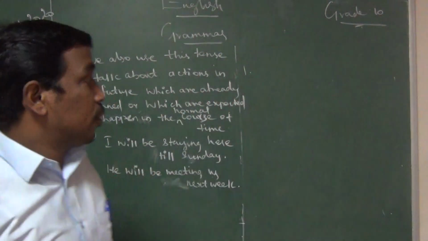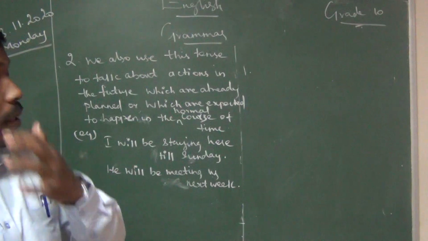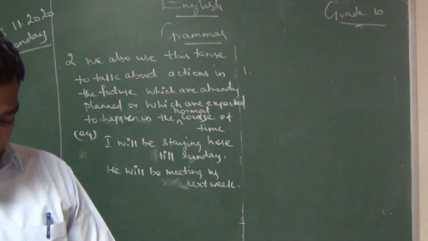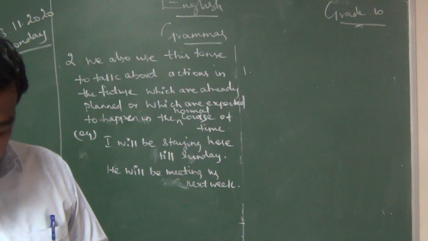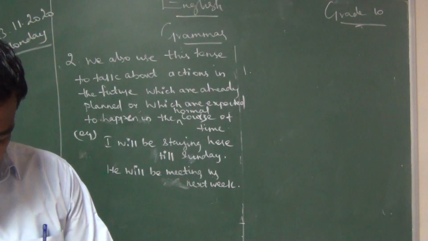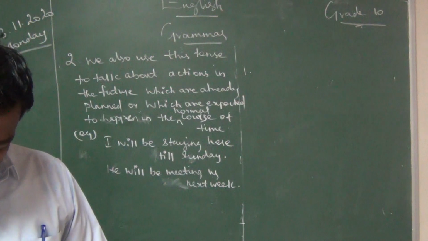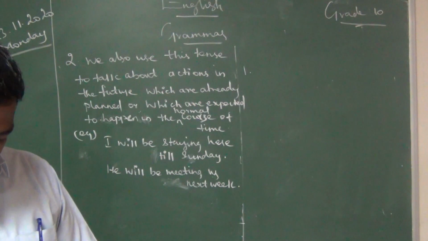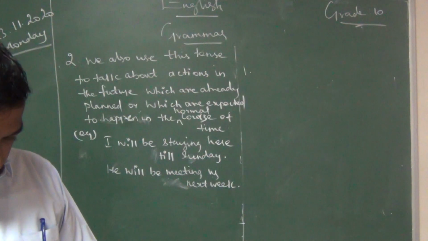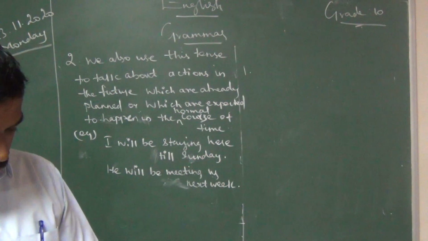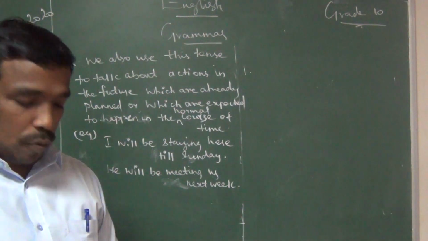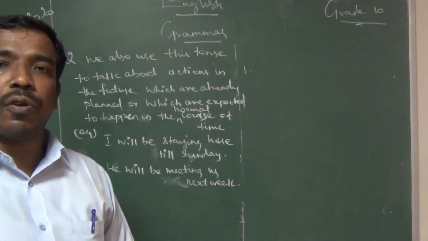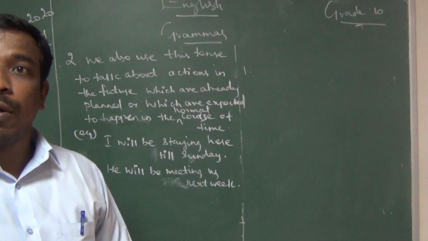Next, we completed future continuous. Future perfect is next, and we have only one rule there, I think. Then future perfect continuous also has only one rule.